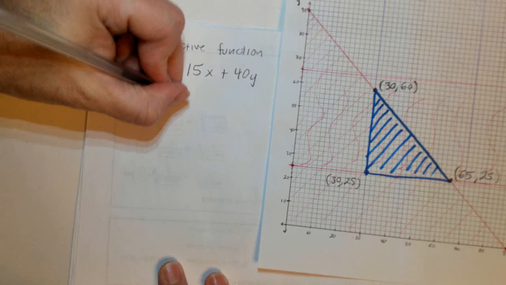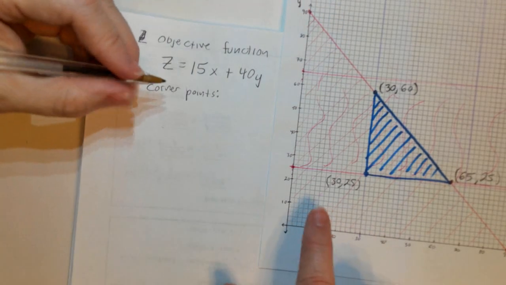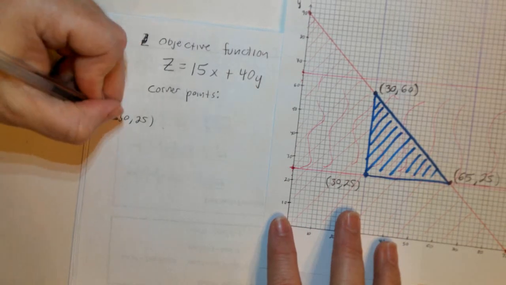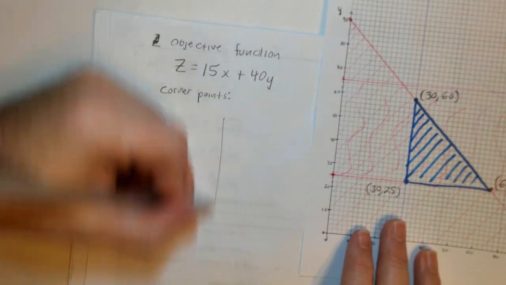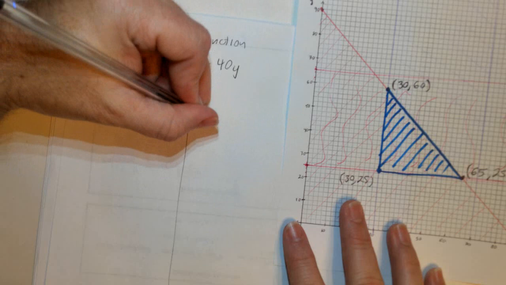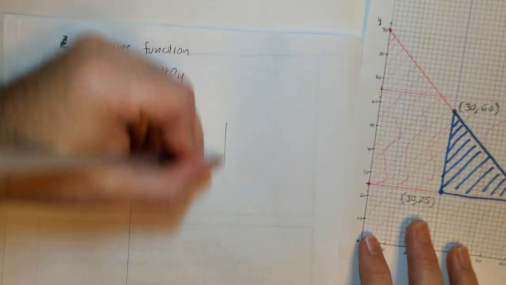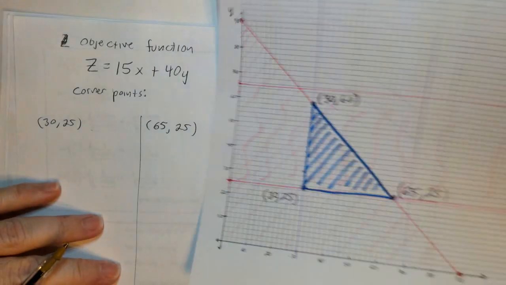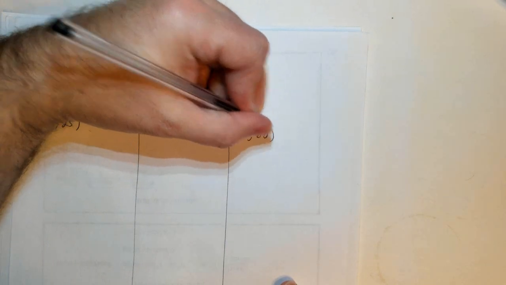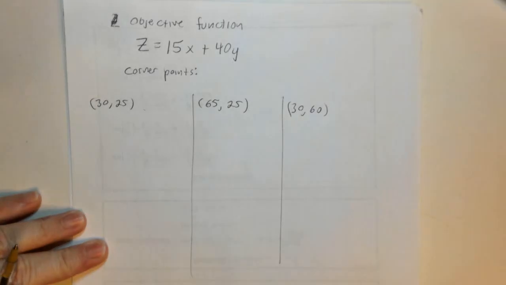I'm going to write out each of them here. I'm going to do 30, 25. And I'll come over here, we'll do 65, 25. And then the last one, which is 30, 60. So what I need to do is plug each of these into the objective function.